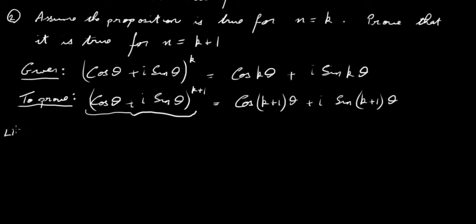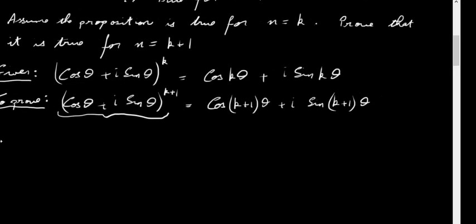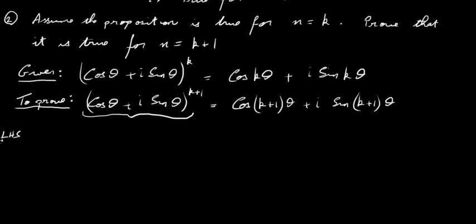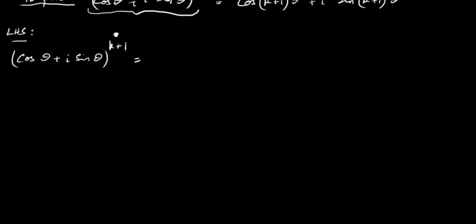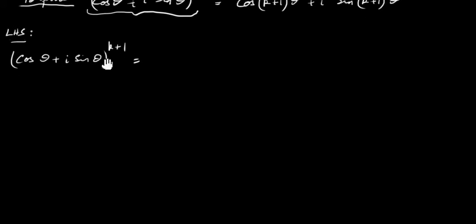So the left hand side is (cos theta plus i sine theta) to the power of k plus 1. We're going to look at that and see, can we turn it into this here. If you look at this left hand side, we can actually break this up using the laws of indices.